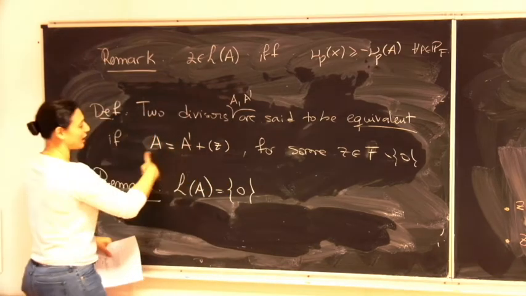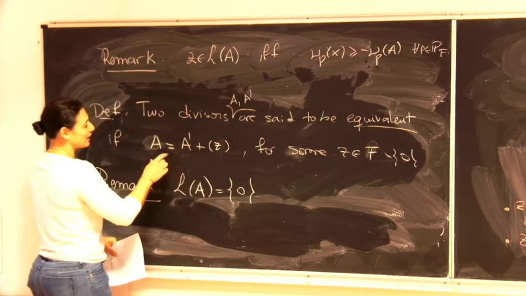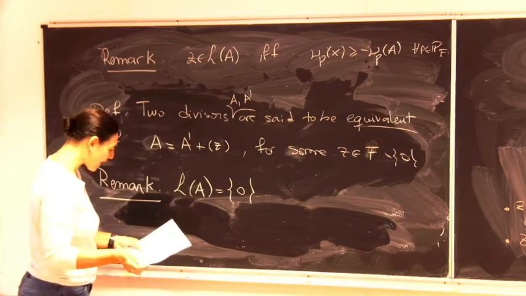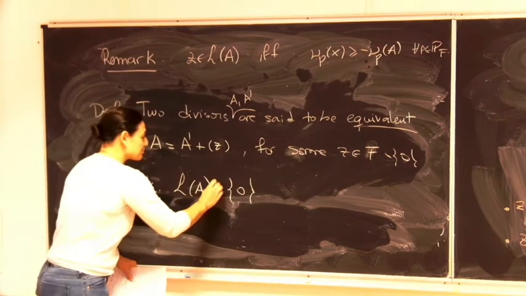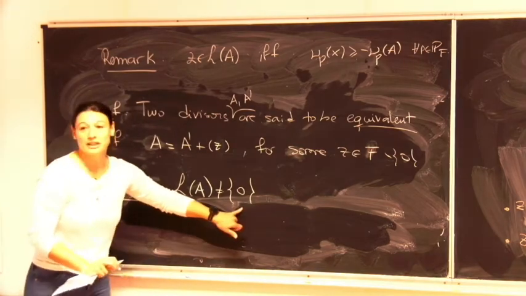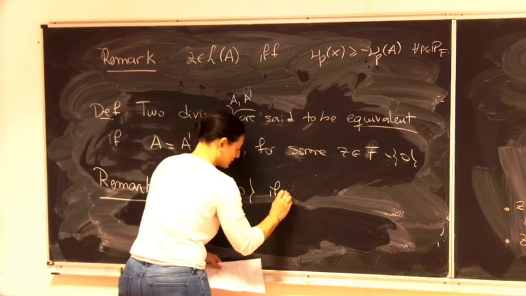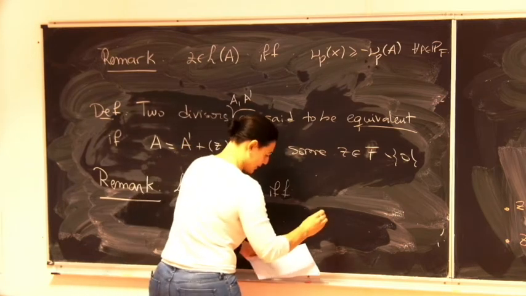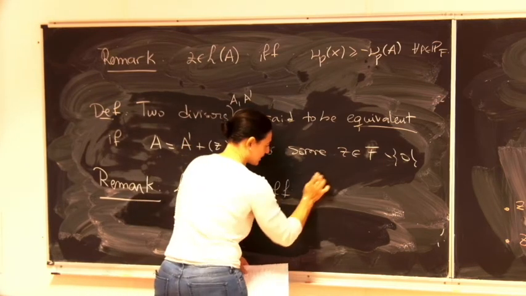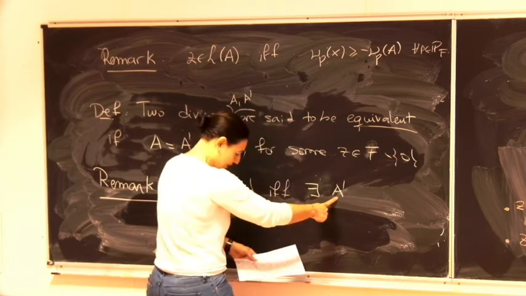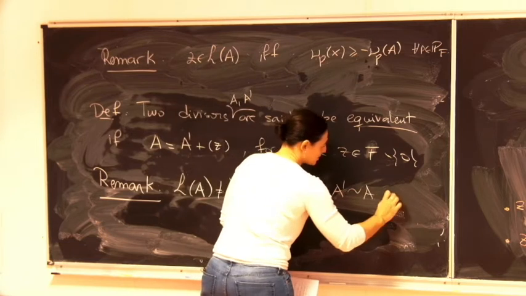And then we will see what happens with the Riemann-Roch spaces when we have equivalent divisors. This space is going to have something besides 0 if and only if we have an equivalent divisor to A which is effective.